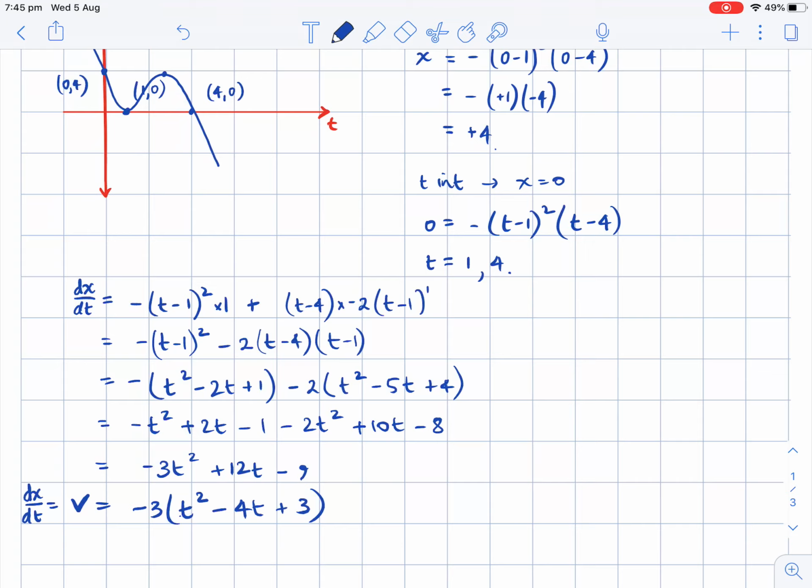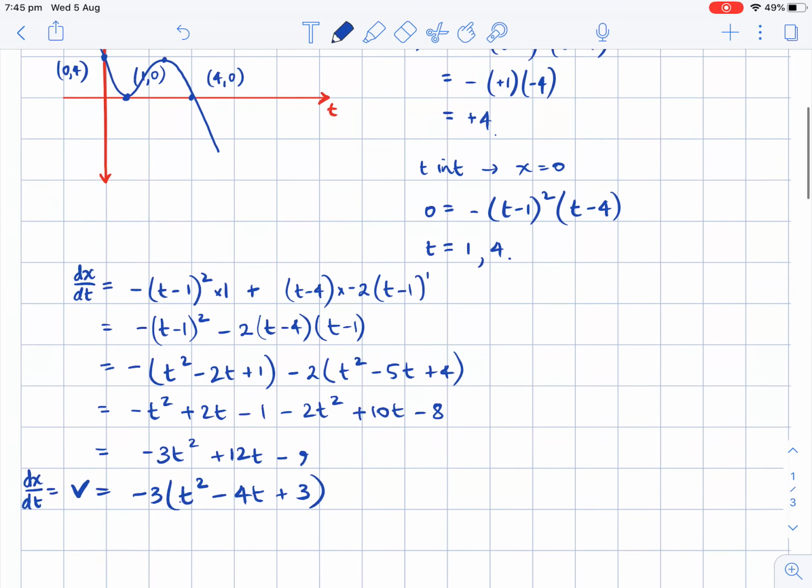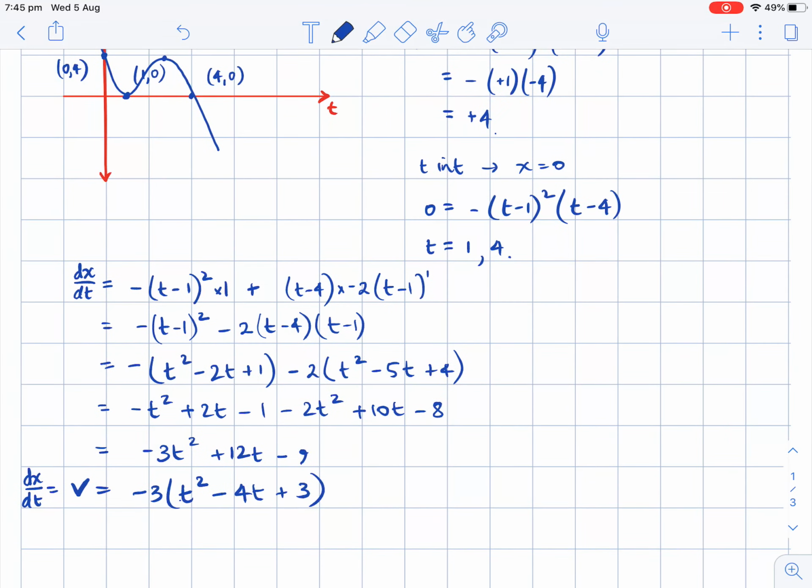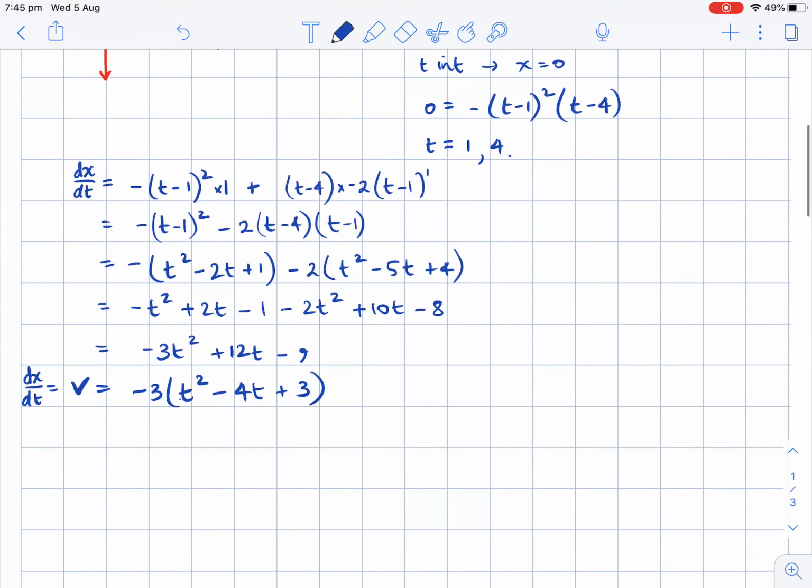Now, if I want to find the turning points from the first graph, that will be when the velocity equals 0, and that will also equal the t-intercepts of my velocity time graph.